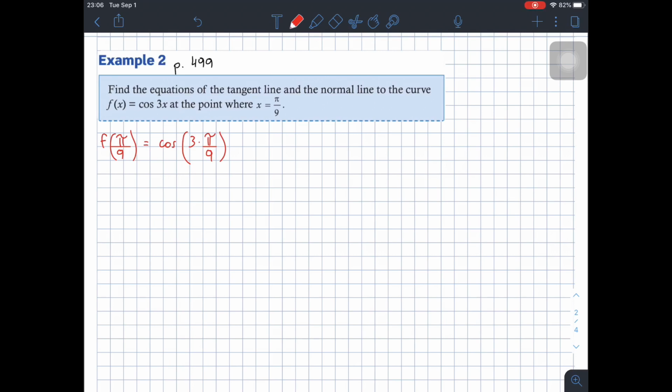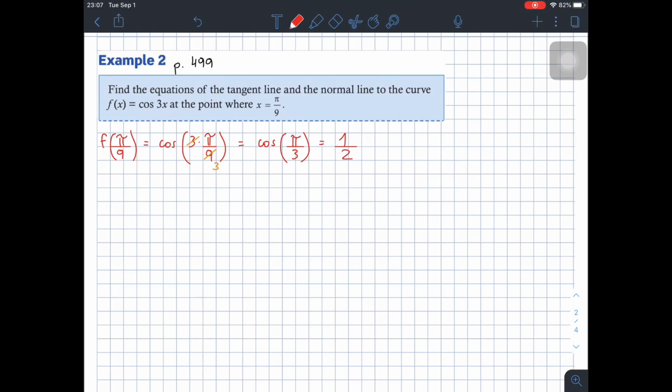Okay, so I see that here the 3 simplifies with the 9. We have a 3 here. So this is the same as saying cosine of pi over 3. And pi over 3, if you remember how to convert this to degrees, is 60 degrees, right? And cosine of 60 degrees, if you remember from the left-hand rule, which we studied last year, gives us a value of 1/2.